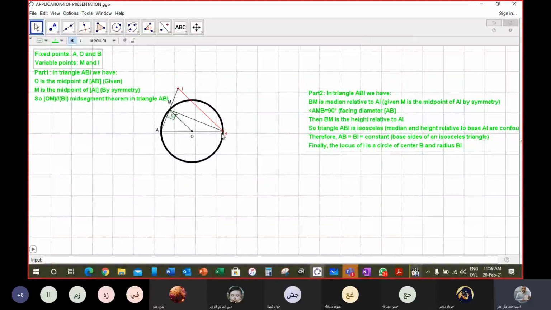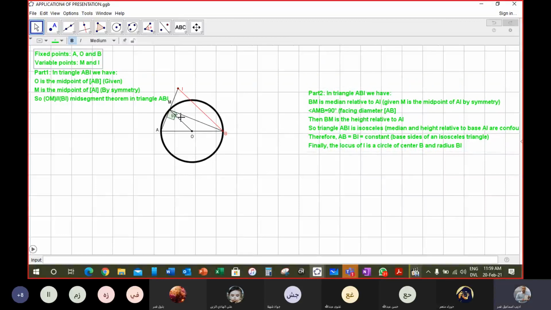So in triangle ABI, BM is a median relative to AI, given that M is the midpoint of AI by symmetry. We also have angle AMB equal to 90 degrees, facing diameter AB. Then BM is the height relative to AI.